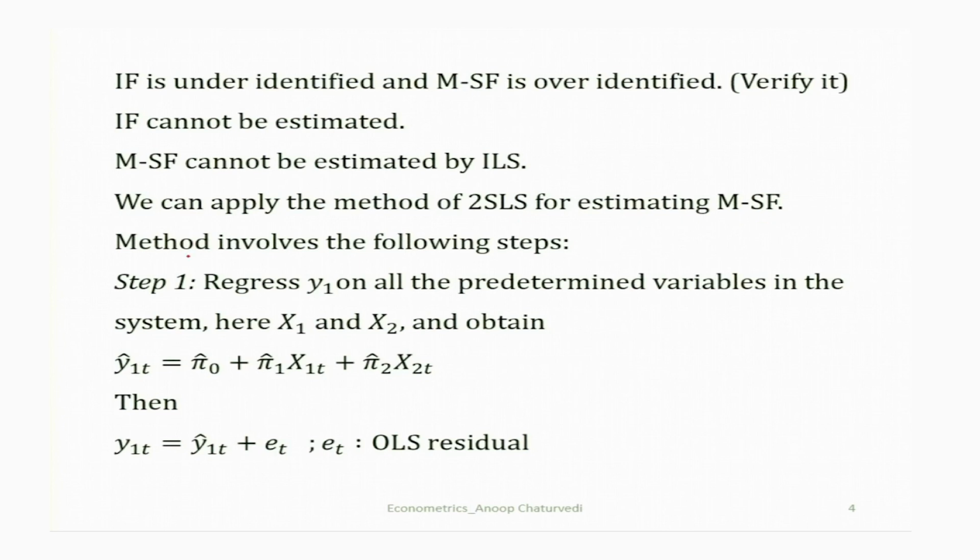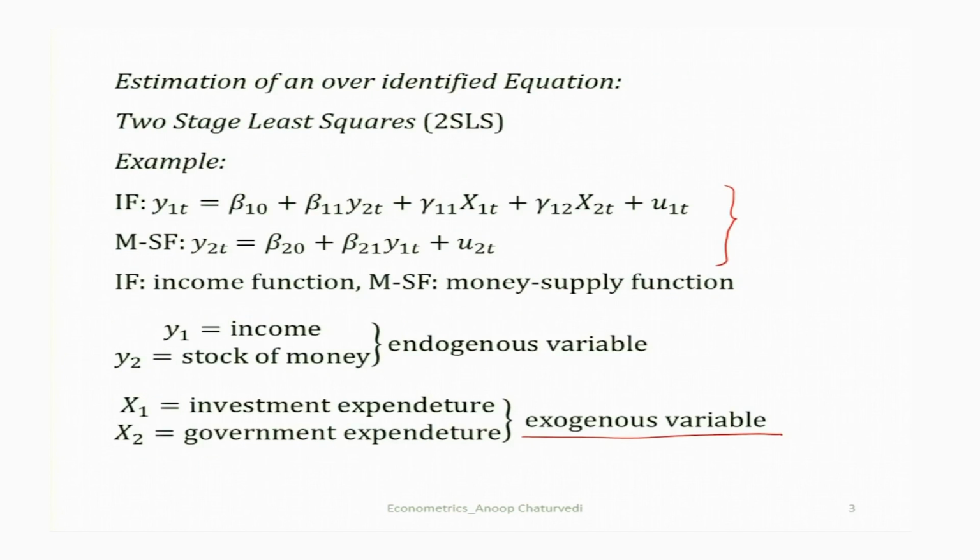And these are the steps for the two-stage least squares procedure. The first step is to regress y1 on all the predetermined variables in the system. Now, notice that the second equation has one of the endogenous variables, y1t, on the right hand side as an explanatory variable, and the problem arises because of the correlation between y1t and u2t.